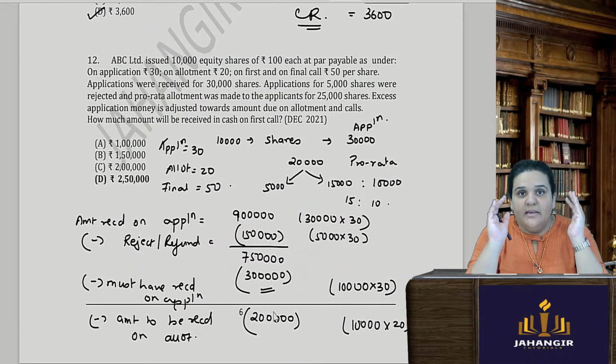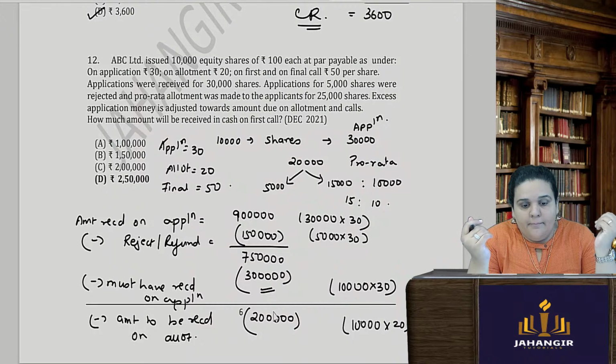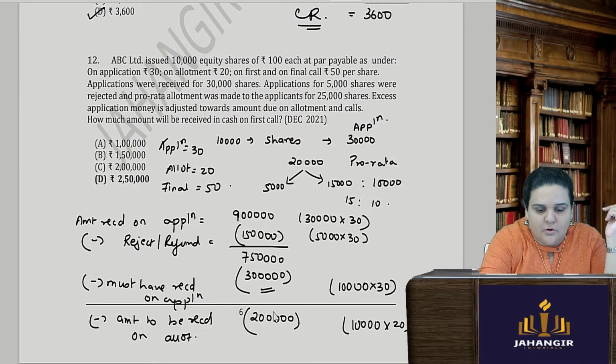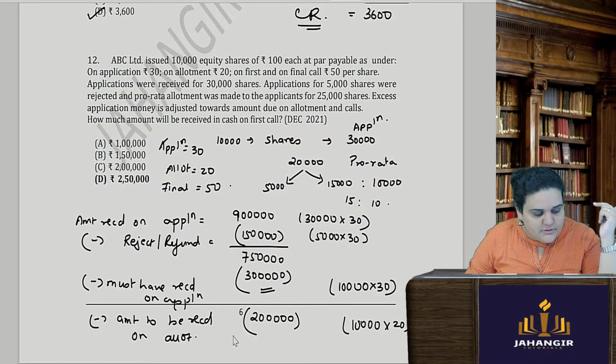So 7 lakh 50 is the application money actually received. Out of that I must have received 3 lakh on application, and for allotment I have already received 2 lakh. So the amount that I will receive in the first call will be 7 lakh 50 minus 3 lakhs minus 2 lakhs. I will have to receive that because I have adjusted that at the first call.